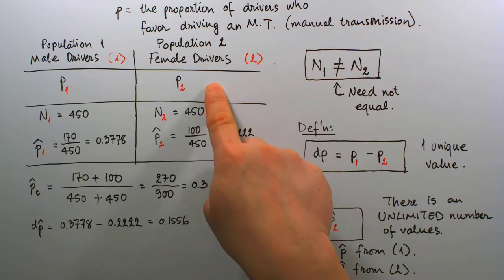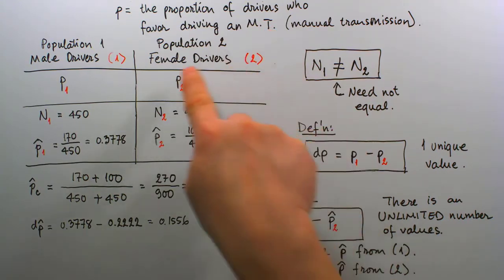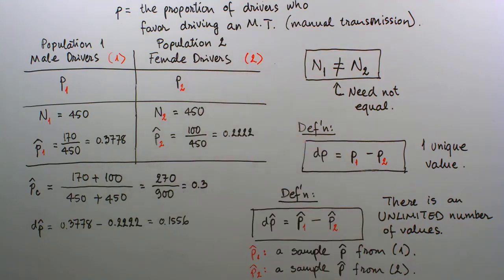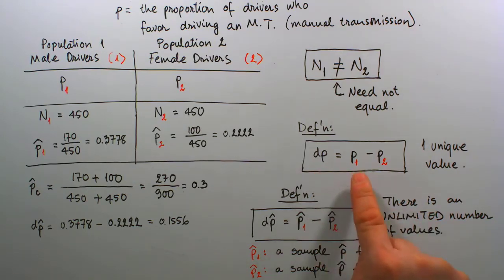Similarly, P2 is that same proportion, but in population 2, which I named the female drivers population. And we have previously given that definition dp equals P1 minus P2. This is the value that we want to estimate using the confidence interval.